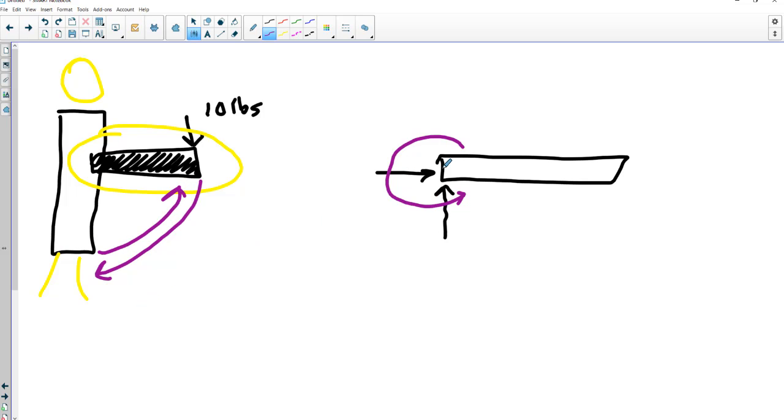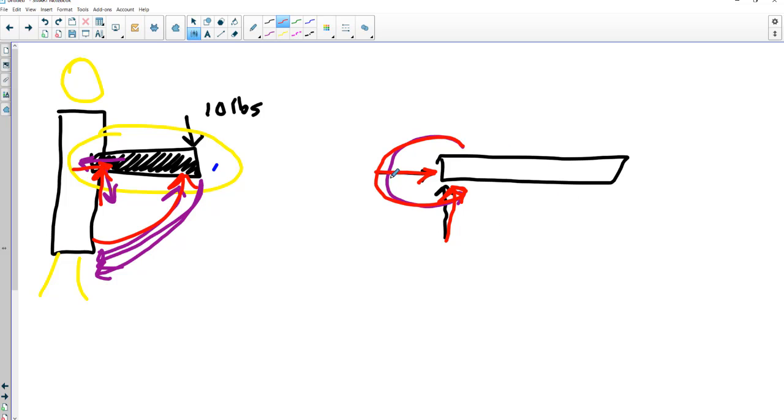So at their hand, the pole wants to go in, so the person pushes out. The pole wants to fall down, so the person's hand pushes up. The pole wants to fall this way, so the person's hand pushes this way. So that's the hand pushing out, that's the hand pushing up, and that's the hand twisting it so that it doesn't fall down.